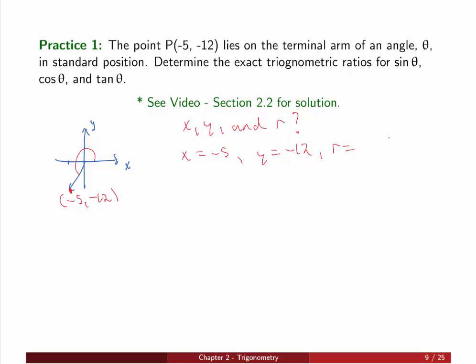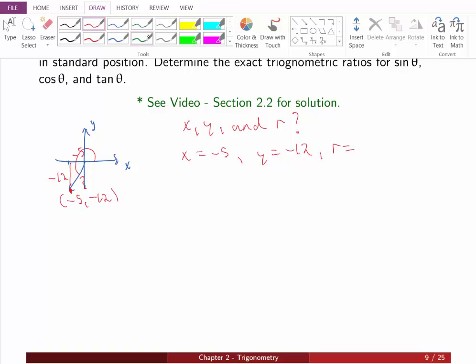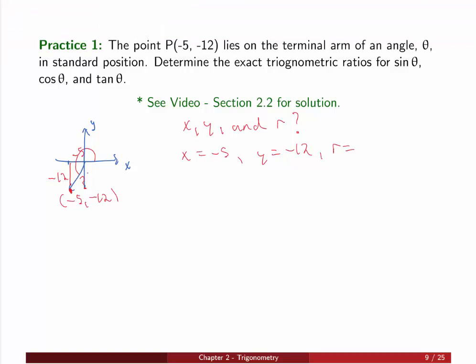We're going to find this using Pythagoras. When you extend this triangle, y is -12, x is -5, and we're looking for this value right here, which is r. So what will r be?